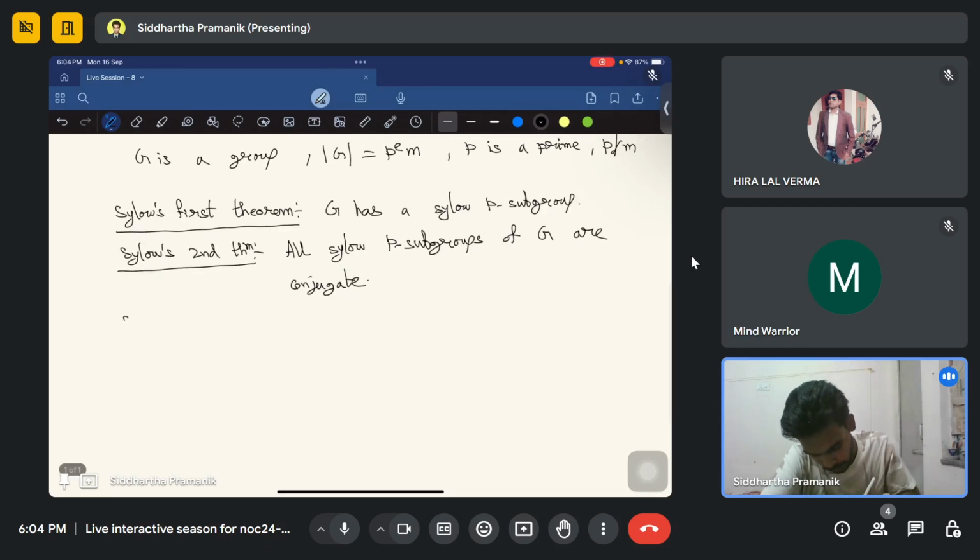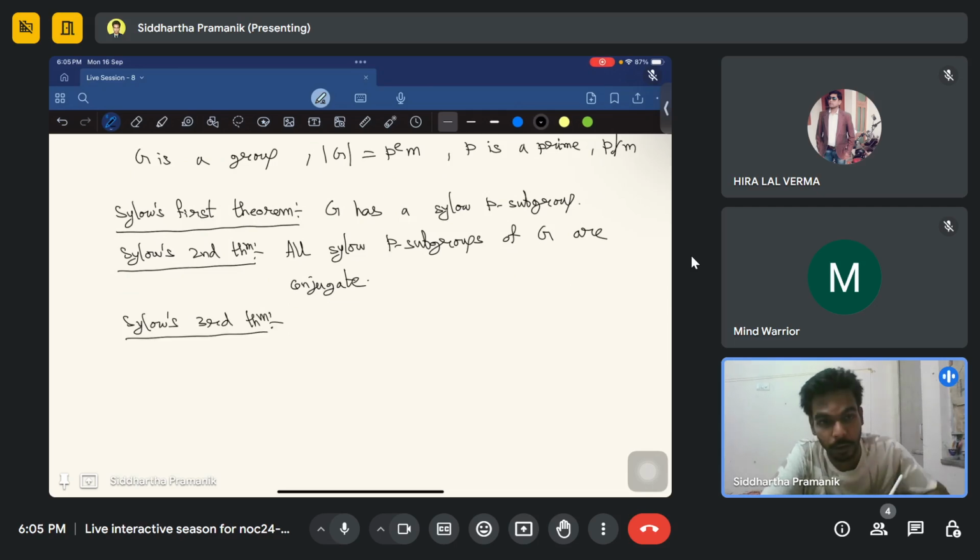And the third theorem is about the number of Sylow p-subgroups. Let's say s_p is the number of Sylow p-subgroups.